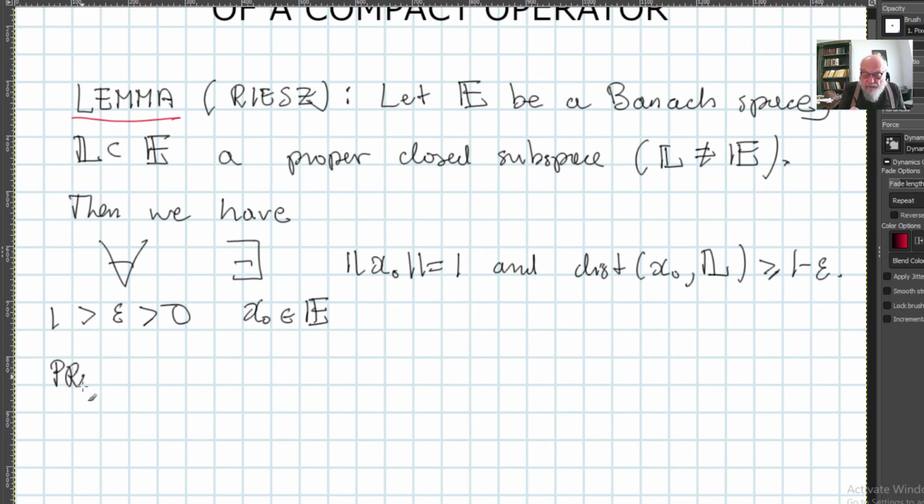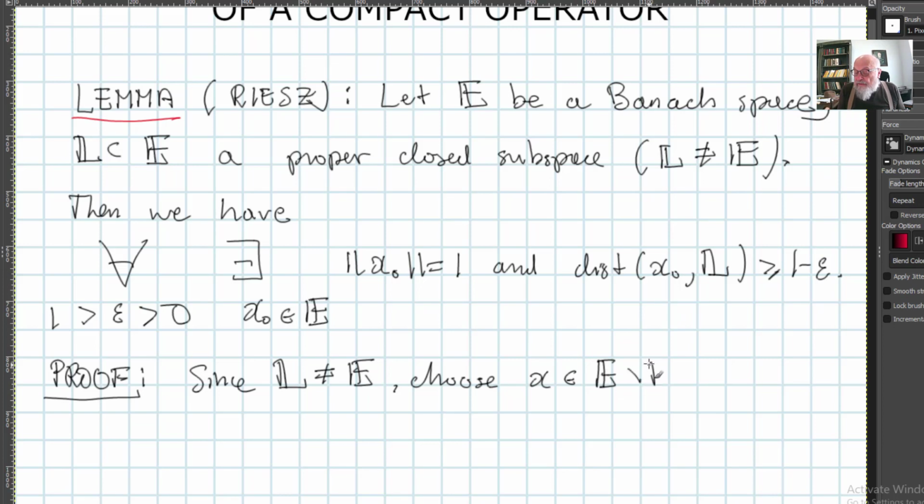Since L does not equal E, choose x belonging to E minus L, and notice that this number, call this number D, the distance between x and L, is strictly positive, by the fact that L is a closed subspace.